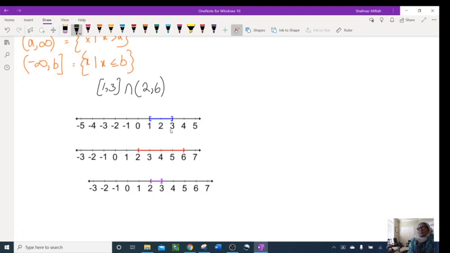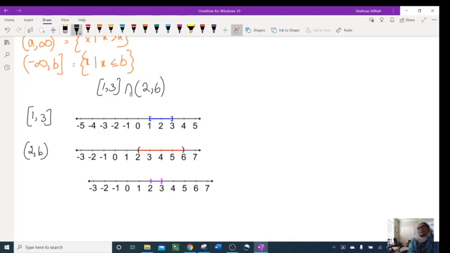This is the graph for 1, 3, which is included. Do you see they are using the brackets right there? So from 1 to 3. This one is for 2 and 6, and they're not included, so they have these parentheses there. Do you see that right there? So it's from 2 to 6.